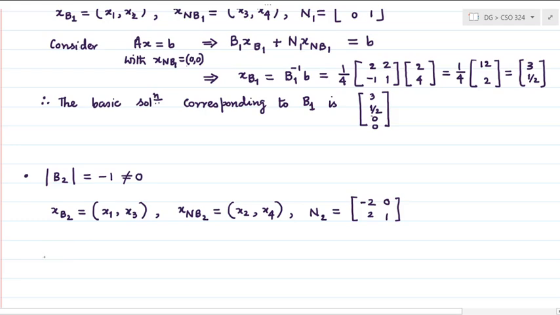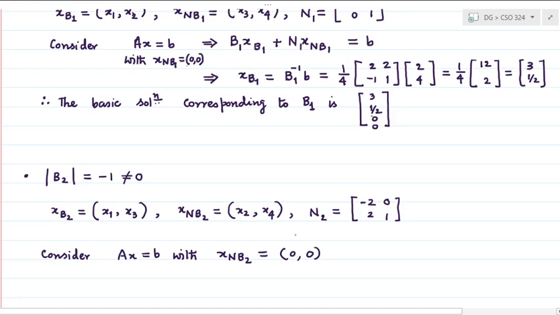And now consider Ax equals b with x_N2 equal to 0 0.